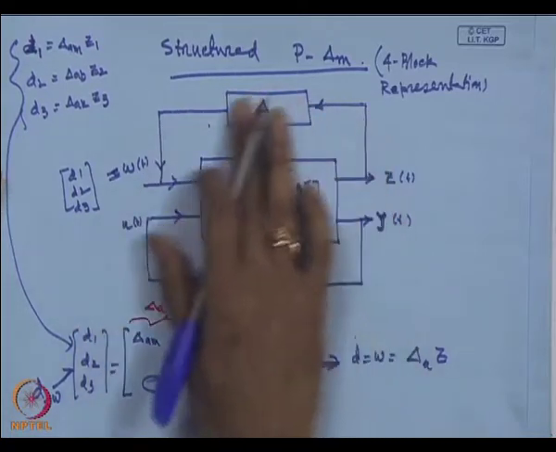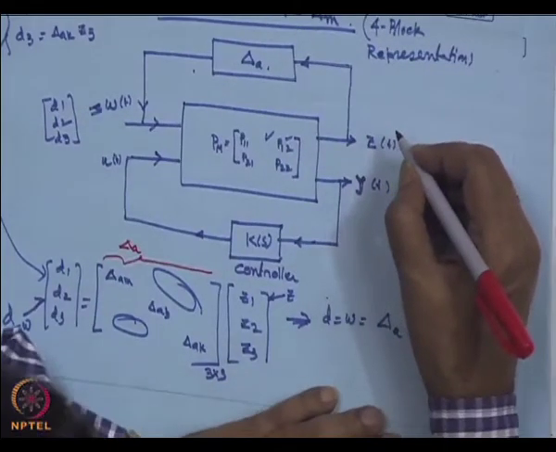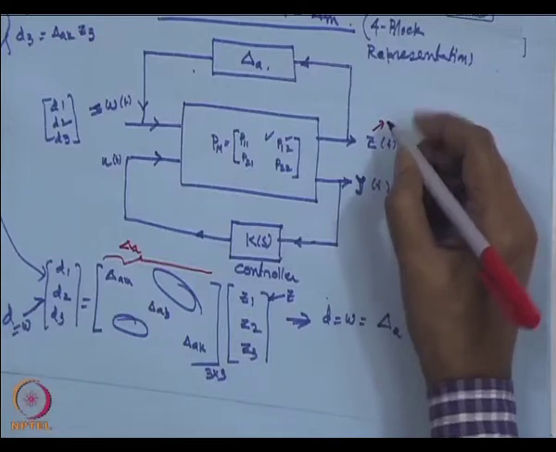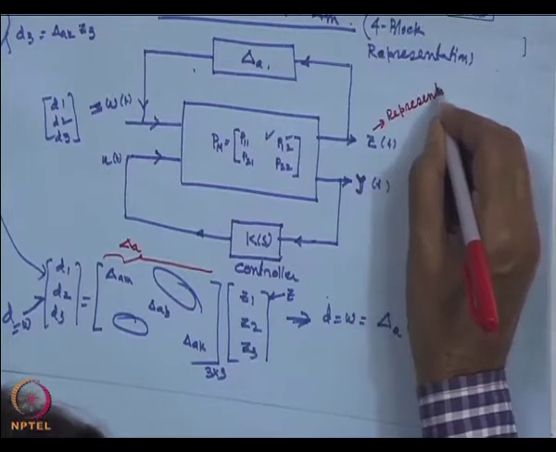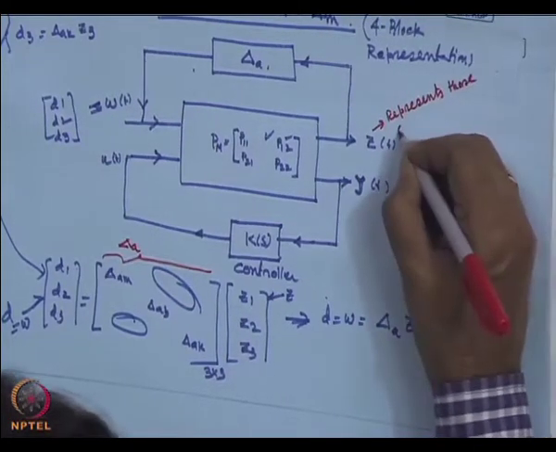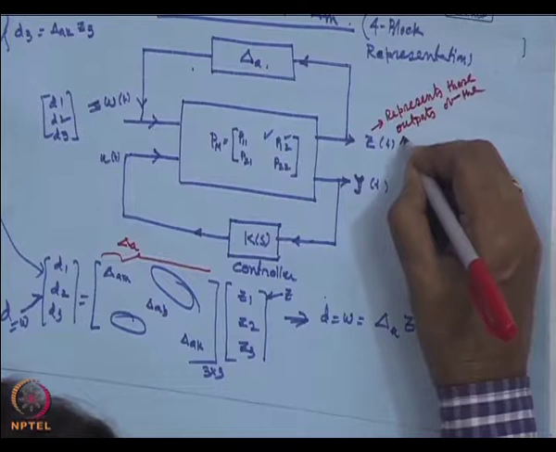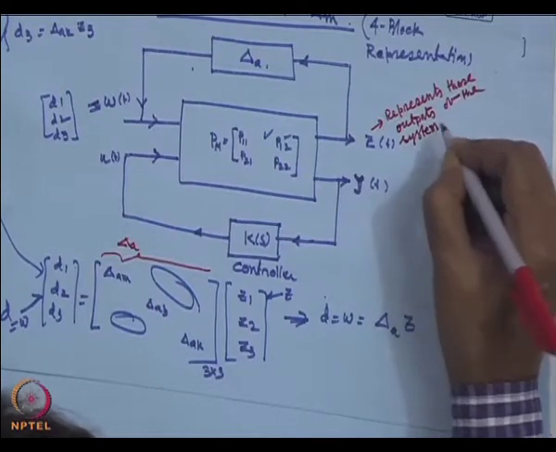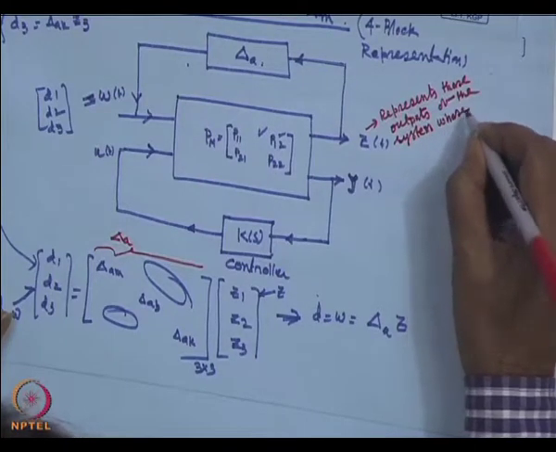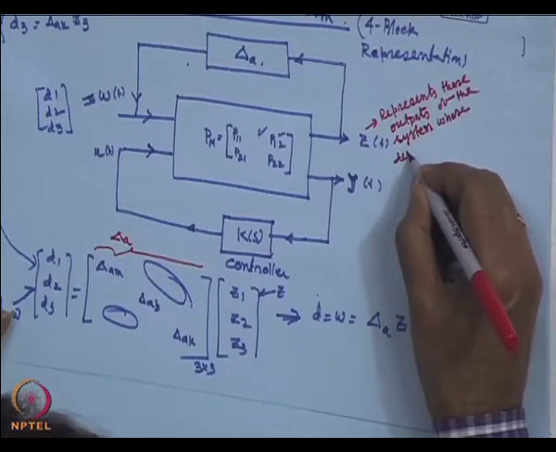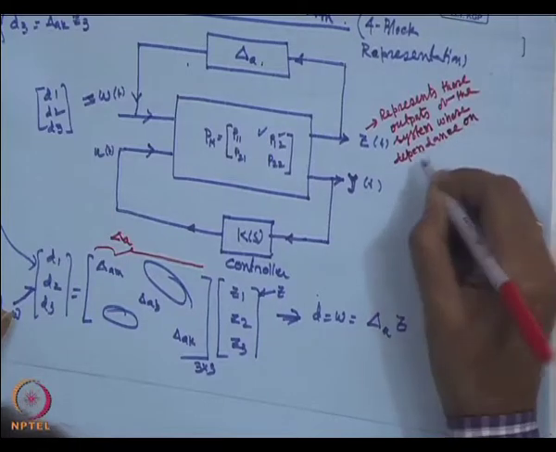Now, I am writing what Z is. Z represents those outputs of the system whose dependence is on W of t.